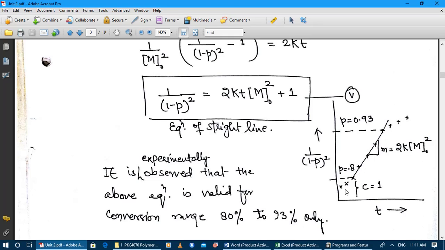Particularly, in the kinetics of polyester, the experimental data will deviate for conversion values less than 80%, as well as for conversion values higher than 93%. In other words, this mathematical model that we have developed is applicable only for the region P equal to 0.8 to P equal to 0.93.